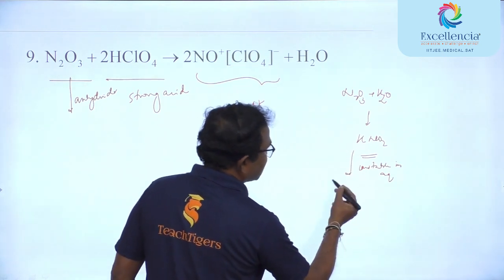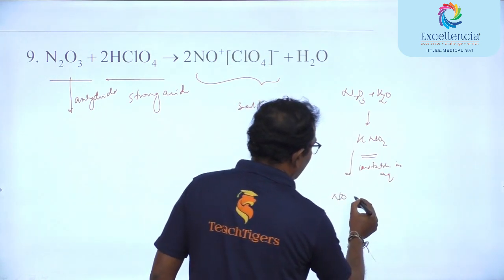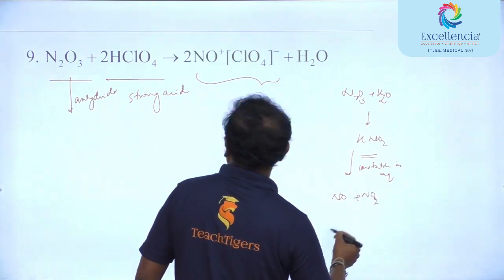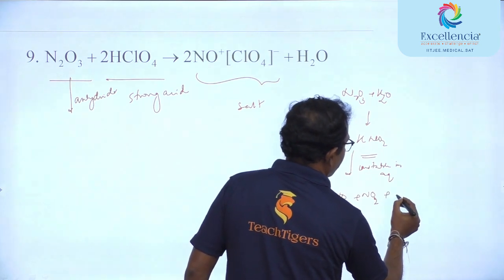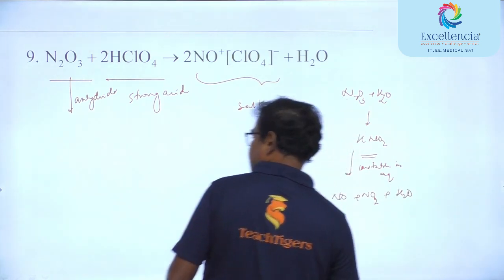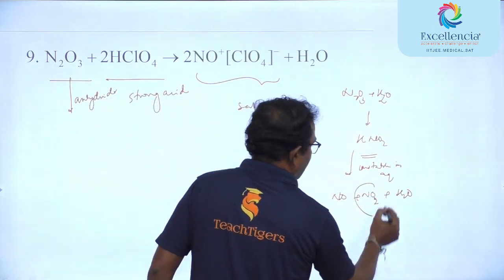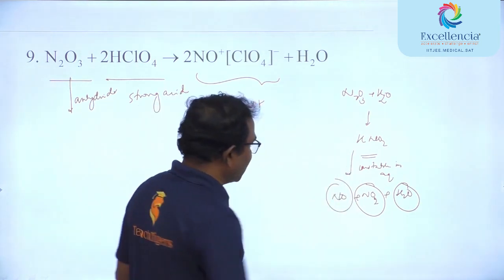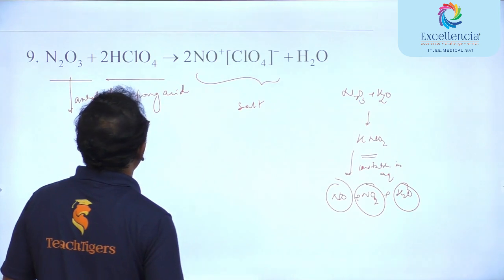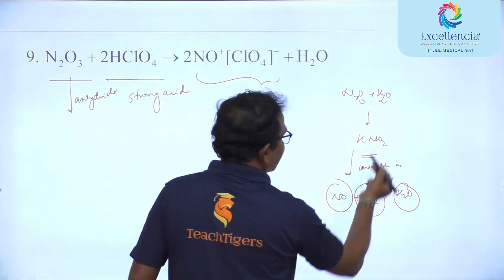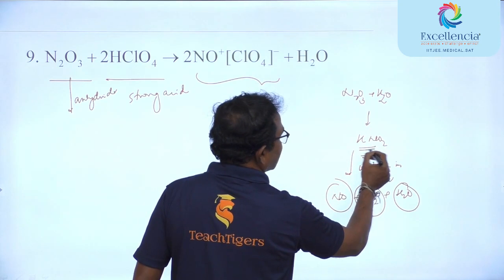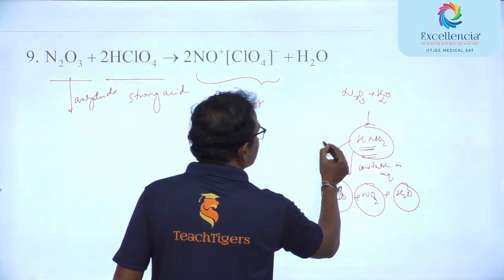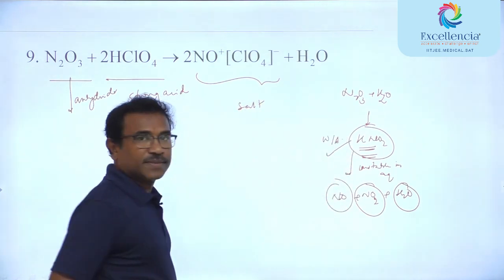Unstable, this simply has to give NO2 and water, sorry. Usually, I'm not balancing here. Usually, this is the common product formed. N2O3 with water gives you nitrous acid, right? Now, the question is, this is unstable, but however, this is also not a very strong acid, a weak acid.